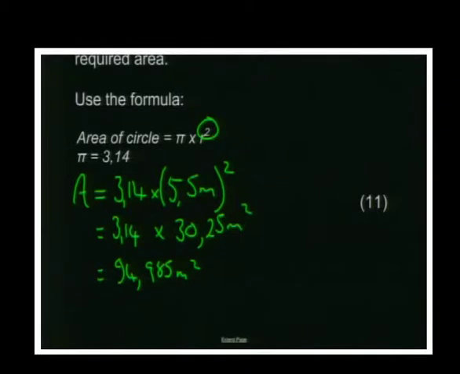So that's the area now of the whole pooled area, or the whole fenced area, including the pool. Now let's just find what is the area of the pool. So again, we're going to use the formula, and I'm going to write it right next door. Area equals pi 3.14 times the radius of the pool.